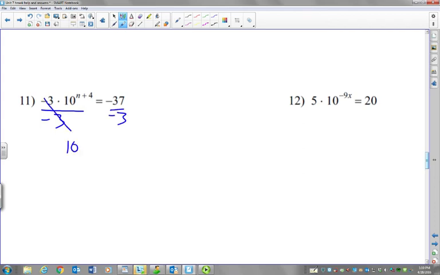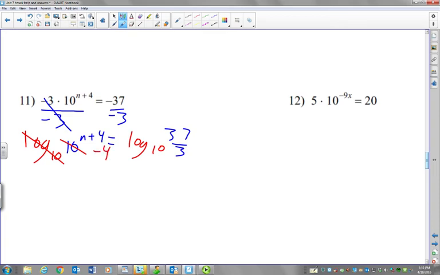So then we have base 10 to the n plus 4 power is equal to positive 37 thirds. Then we push that 37/3 a little bit further to the right because we log base 10 both sides to get rid of that base 10. So then we're just left with n plus 4 is equal to log base 10 of 37/3.